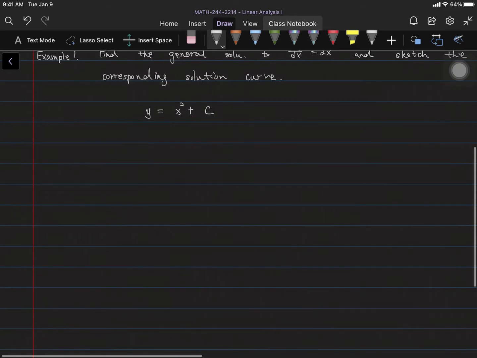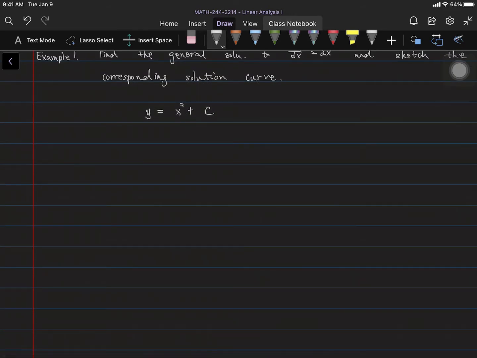And let's sketch the curve. So this is the general solution. Now we know this is a one variable function in the plane. Actually, if we make c equals 0, you can see this is a parabola passing through the origin, right? So a parabola like this.